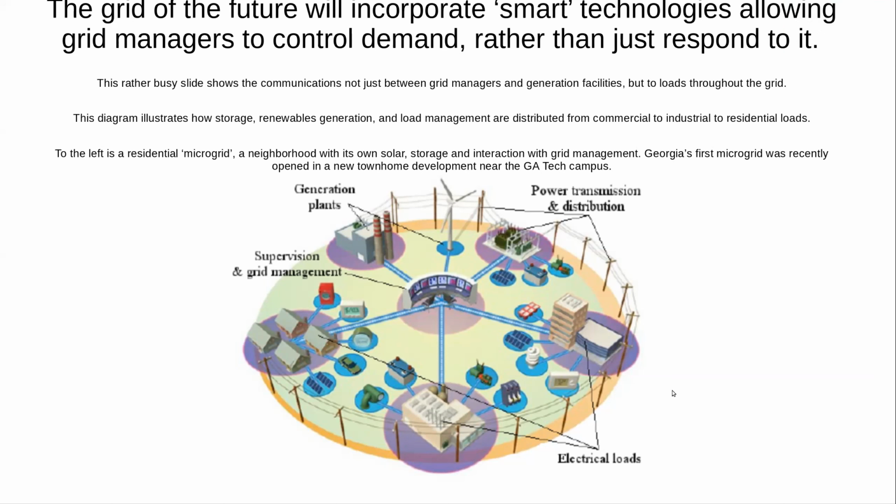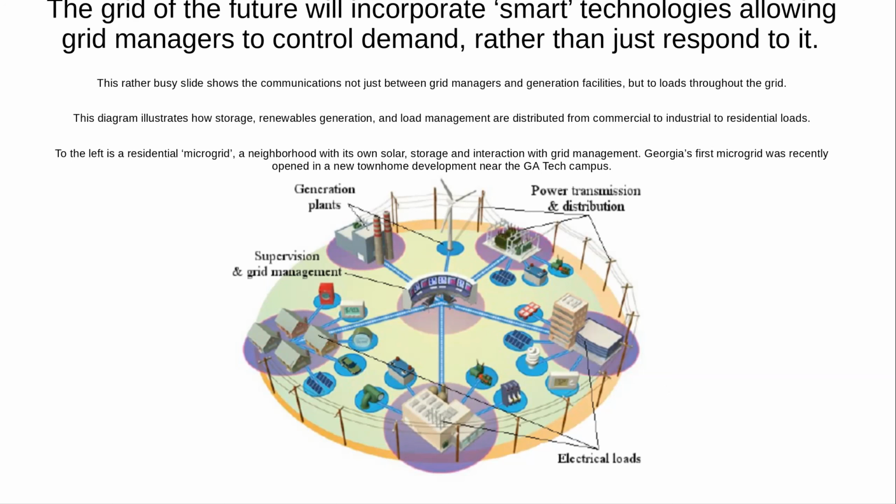Well, that raises a really important topic too, because giving grid managers control over loads, even to the level of managing your refrigerator or your dishwasher or your air conditioner, is part of the future.